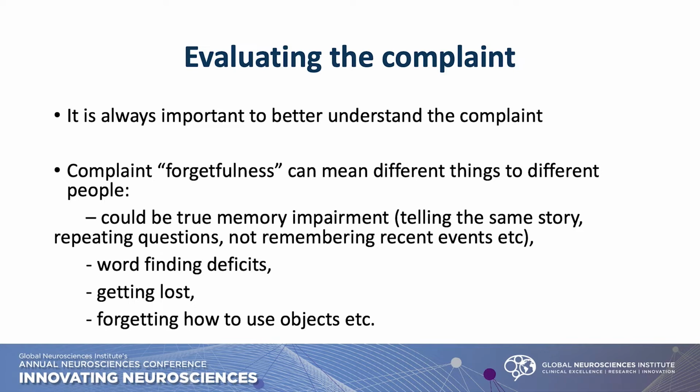For some people, when they say they're forgetful, they're just getting lost, or they can't find objects in front of them, which is more a neurovisual impairment. Or maybe people are forgetting how to use objects, which suggests they might be losing the ability, having problems with their skilled movements.